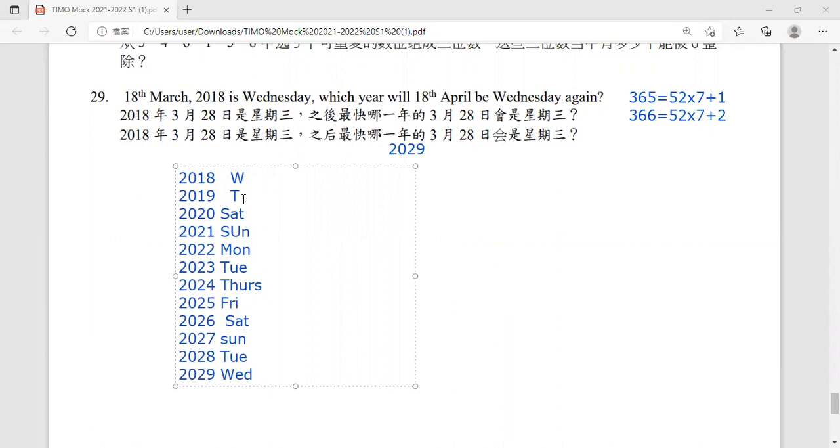Because the day in March, March 28, is the same. Actually, the Chinese version and the English version are a little bit different, so it doesn't matter.